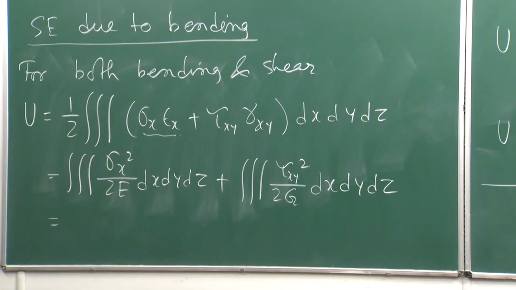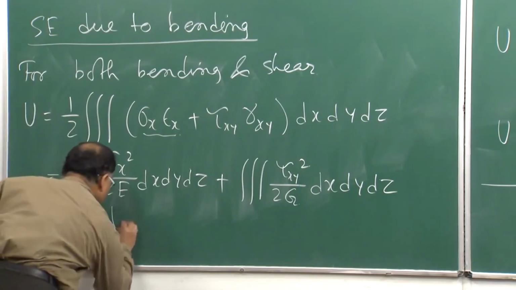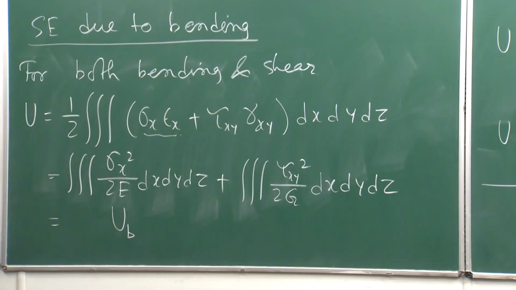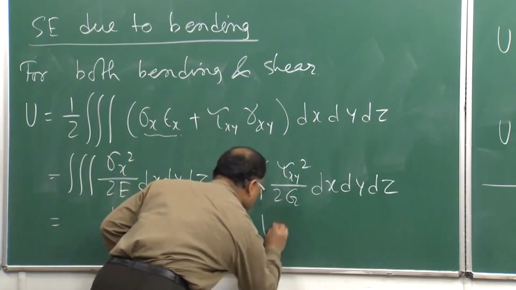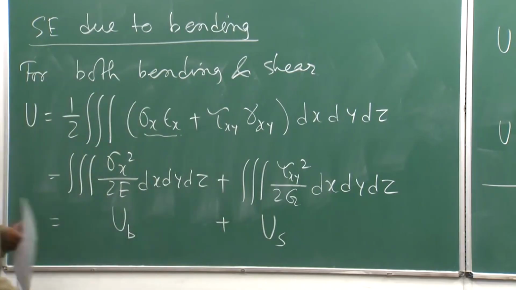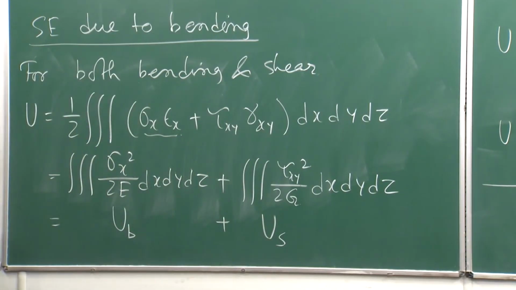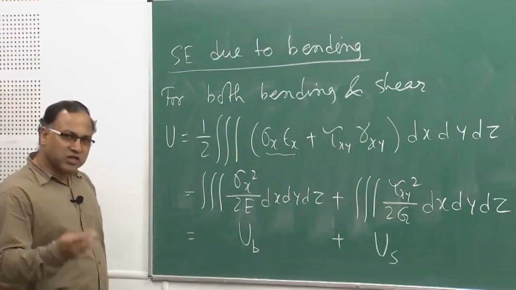Now, what is this? Just now we have got it, right? Strain energy due to only bending, and this is the part, strain energy due to shear. So, that is basically the summation of the strain energies coming from bending as well as from shear.